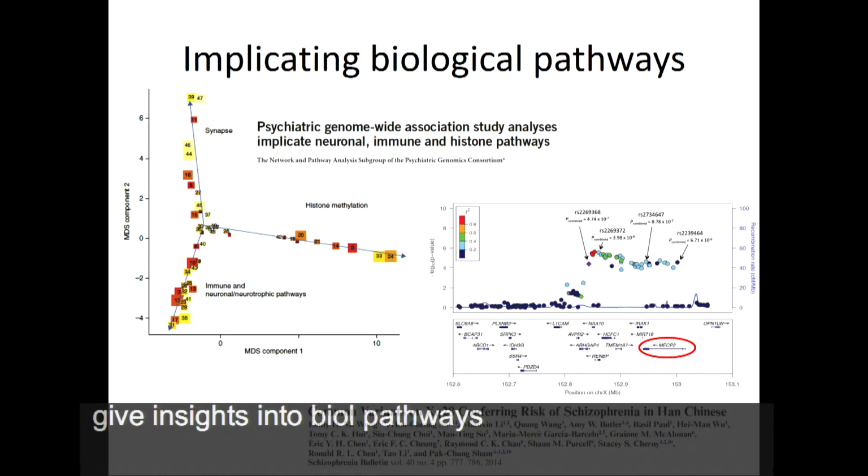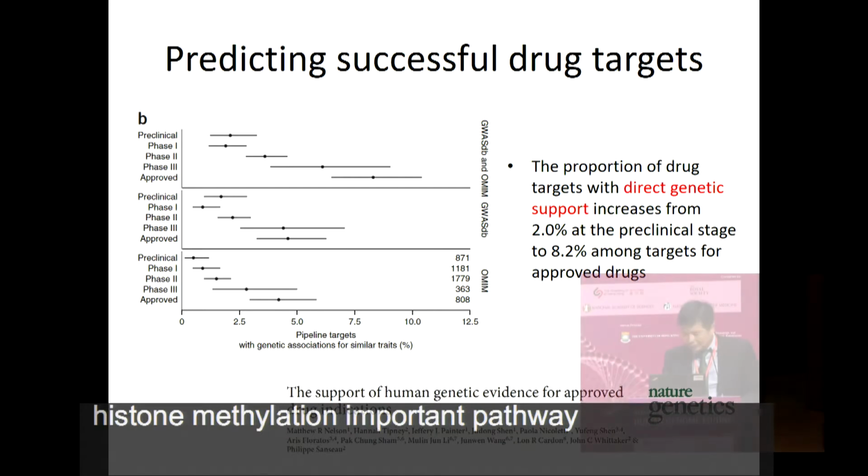And in our own GWAS study of schizophrenia in Han Chinese, we also identified association with markers on the long arm of chromosome X, a location that contains the MECP2 gene, which controls DNA methylation. So again, this indicates the importance of gene expression in mental disorders.